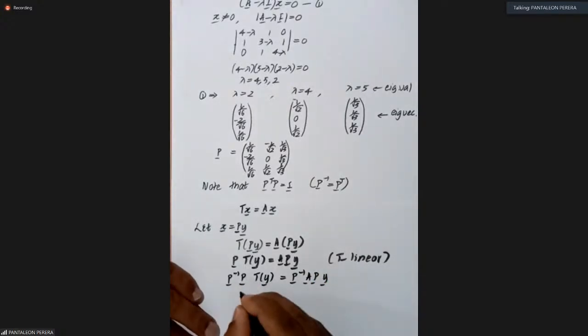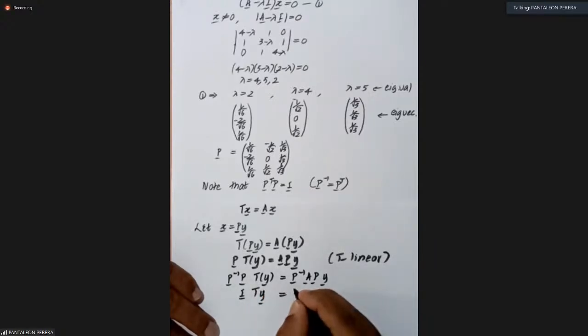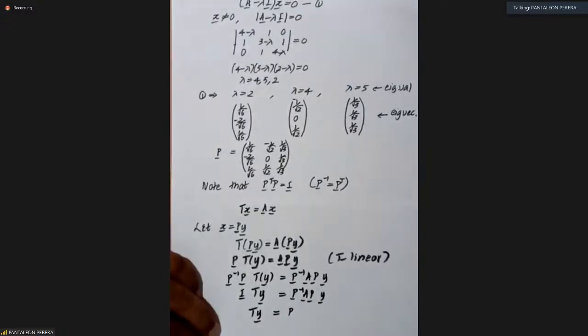Now these two will go away, leaving I there, this Ty, this P inverse AP. Now, if you multiply anything by the identity matrix, you get the same thing again, Ty. Now, since P is orthogonal, you can write this as P transpose AP.